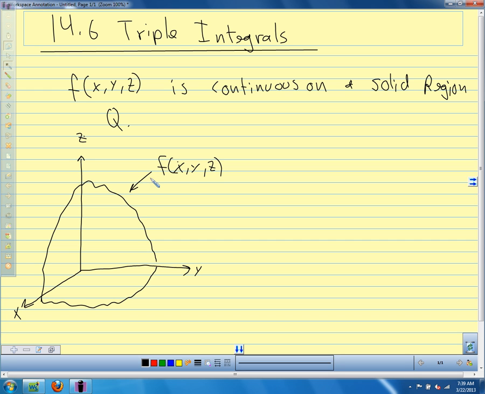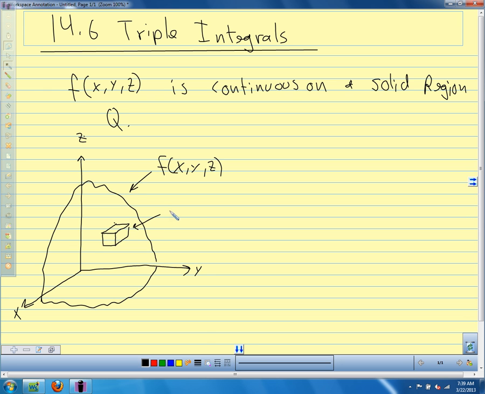And we're going to divide this into small rectangular prisms. So inside here, let me draw my prism a little better. We're putting the sides of the prism parallel to our coordinate axes. So that's a little piece inside, a little rectangular prism inside our solid.